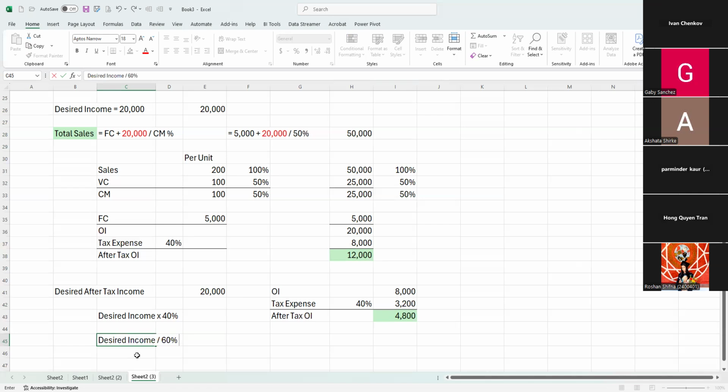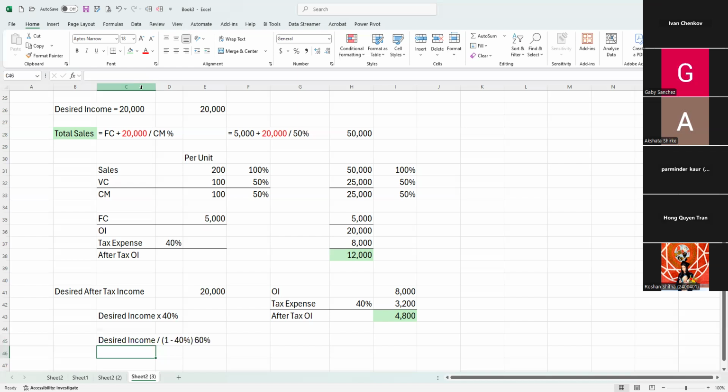Operating income minus 40% of operating income will equal after-tax income. So if I do here desired income, bracket 1 minus 40%, am I going to get 60%? 100% minus 40% will be 60%. Okay, so that's how we're getting the 60%.